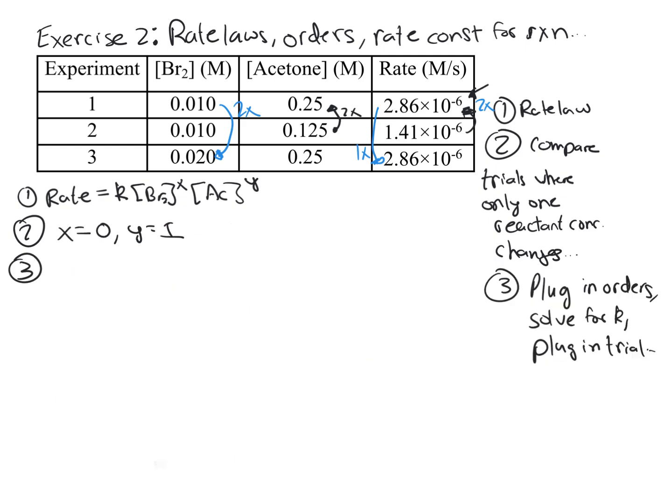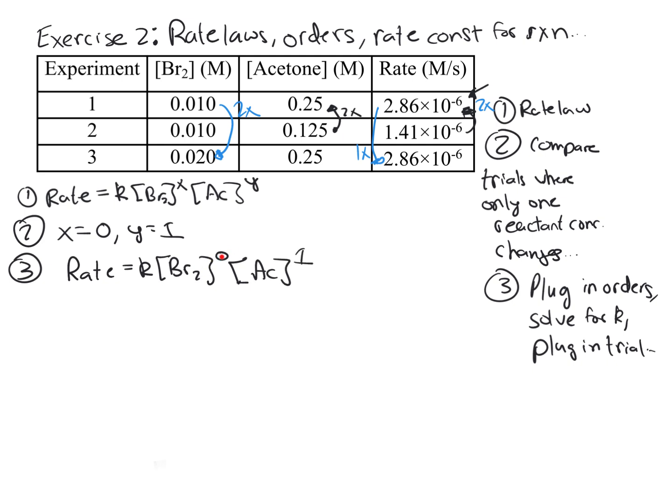Now we're on to our last step, step 3, solving for the rate constant K. Remember, K is the rate constant. So we can plug in: rate is equal to K, BR2 to the 0th order, and then acetone to the 1st order. Remember our logarithm rules.